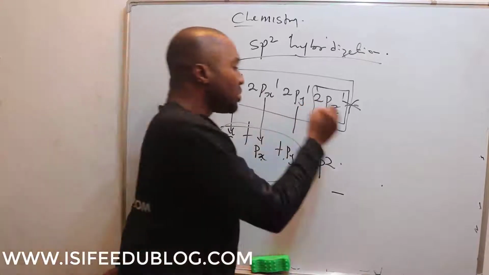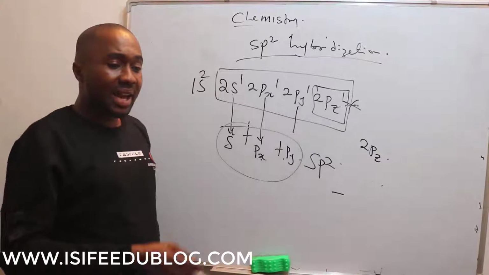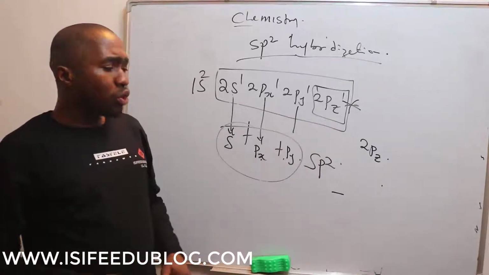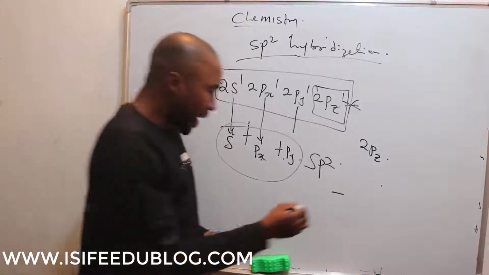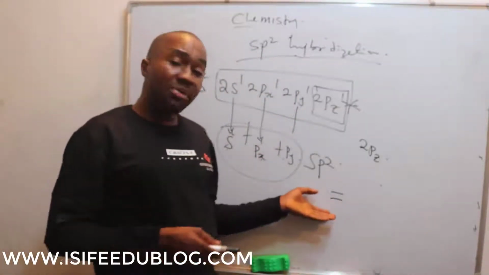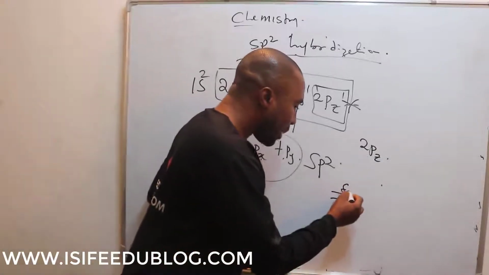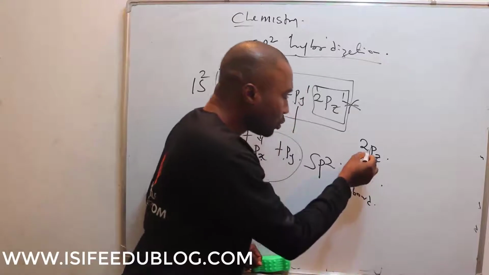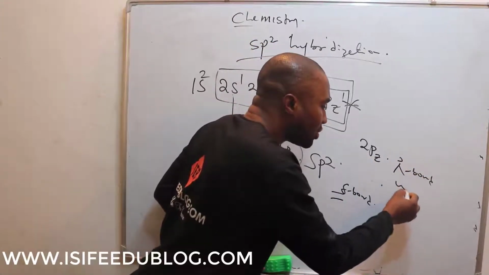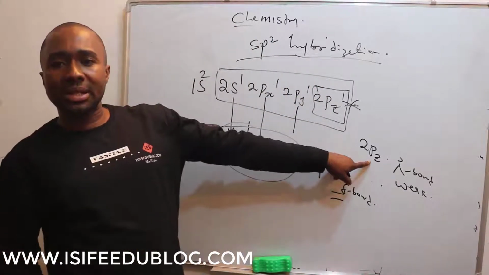Now, the 2pz that is unhybridized, the 2pz that did not participate in the hybridization, will also form another bond. That one is going to be a weaker bond. The name of the bond is a pi bond. The first one is the sigma bond, but the 2pz forms a pi bond, and the pi bond is weak. What makes it weak is that only one thing is forming it.